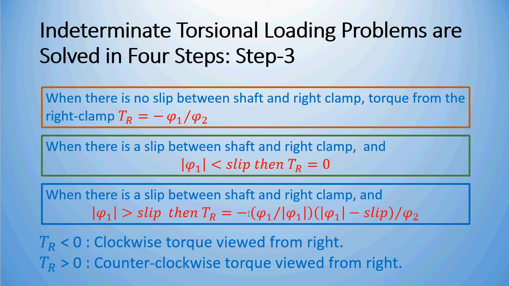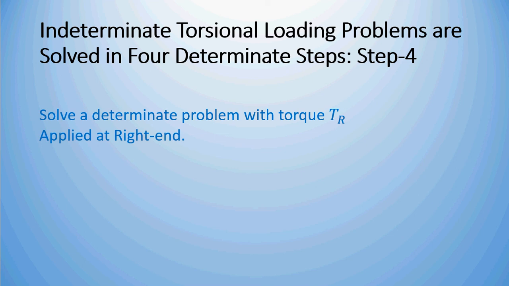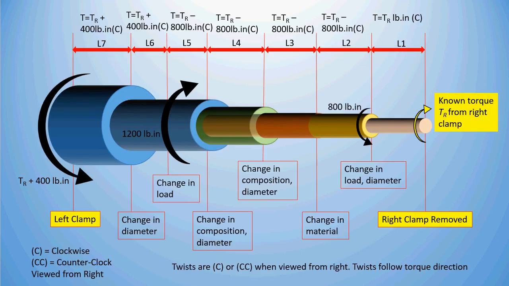But in the end, once you have found the reactionary torque in the right clamp, then you can apply it to the problem, making it a determinate problem again. And this time you can just solve through it completely, just like you normally would for any other determinate problem. You can see here, now that we know the torque in the right end, you can apply it in the stead of the clamp, and you can solve through it like normal.